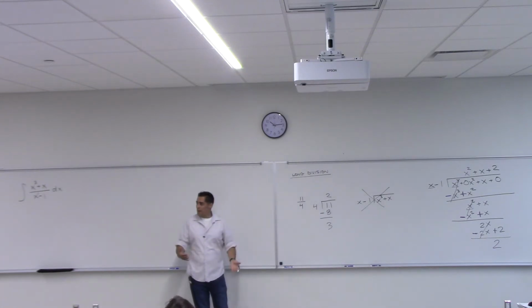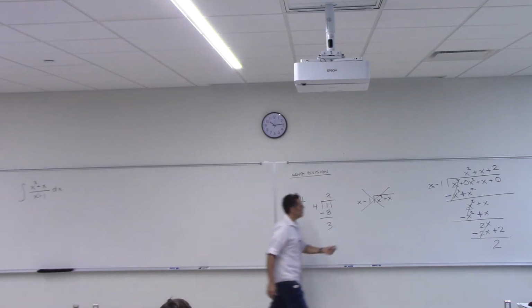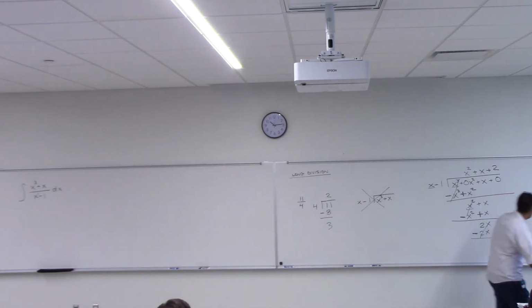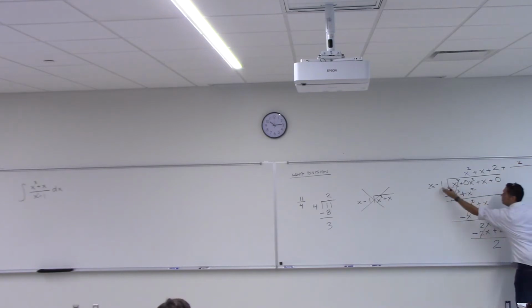So this is where you stop, and this is what we would refer to as our remainder. So what we put up here is, well, you could say this, remainder 2, but then you're in kindergarten again, right? That's not the way we write remainders. What we do is we say plus the remainder over the divisor.